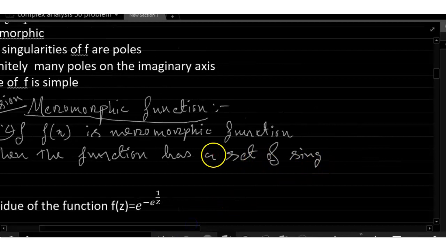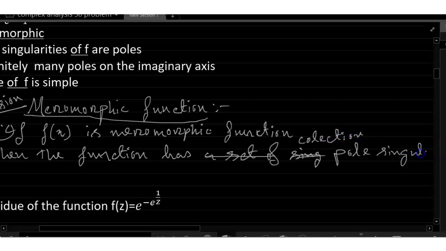Okay, the function has singularity. Function has pole singularity. Okay, this is very better. This is pole singularity. Collection of pole singularities. You cannot get any other singularity. Only pole.